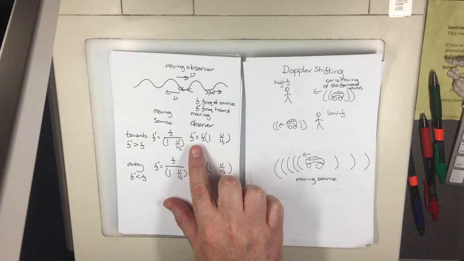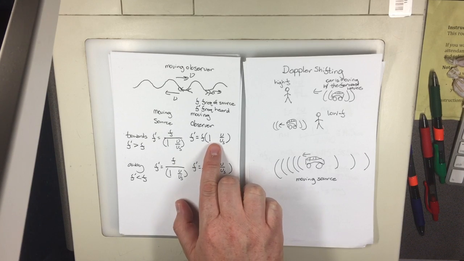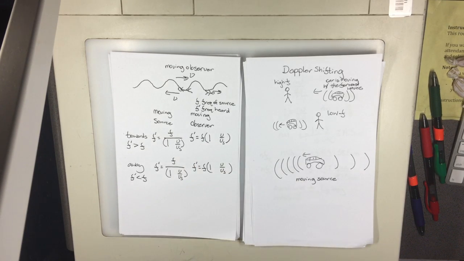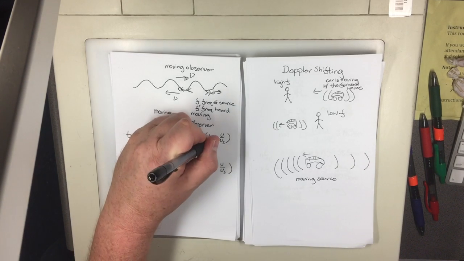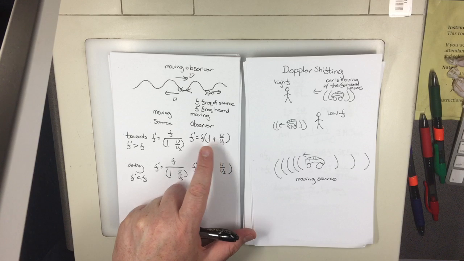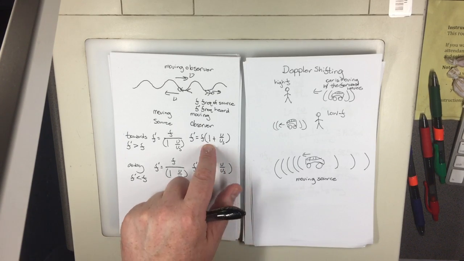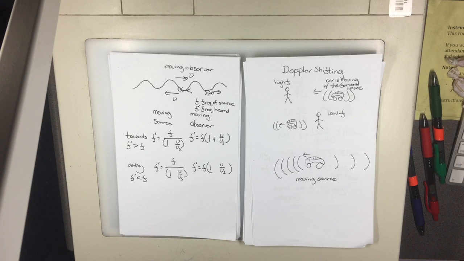So if F prime is going to be greater than F, should that be a minus or a plus? Should be a plus. Because 1 plus anything will give me a number greater than 1. A number greater than 1 times F will make F prime greater than F. So understand these numeric relationships.